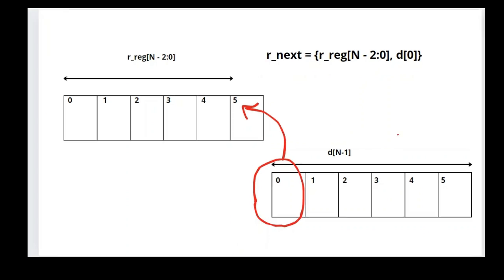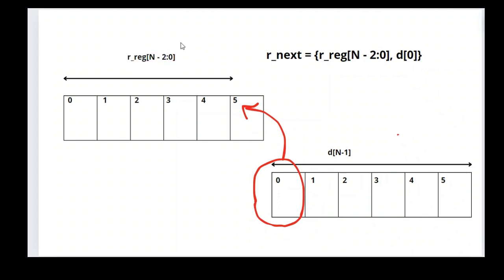So let us understand how this left shift and right shift take place in the universal shift register. So in so r underscore reg is our current state of our register.